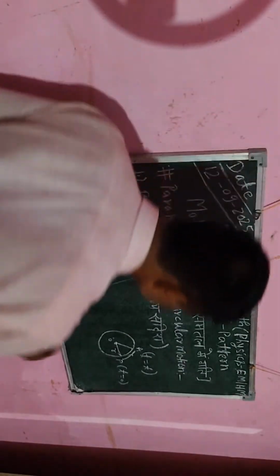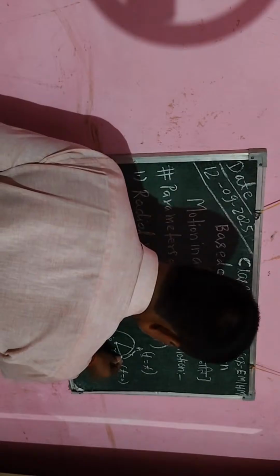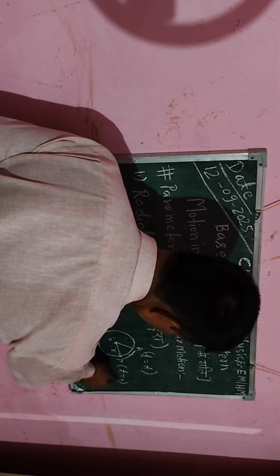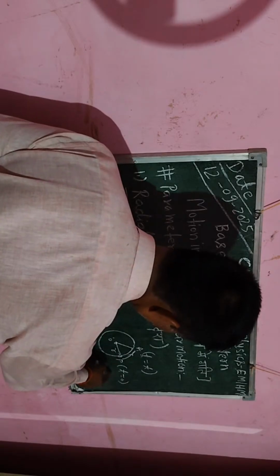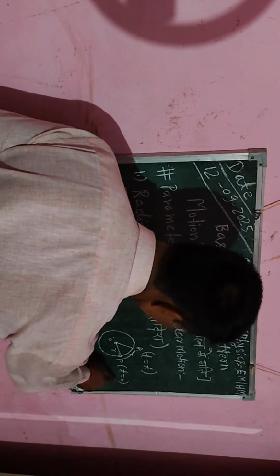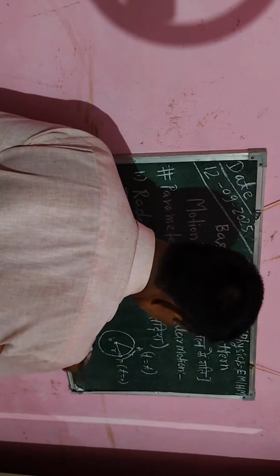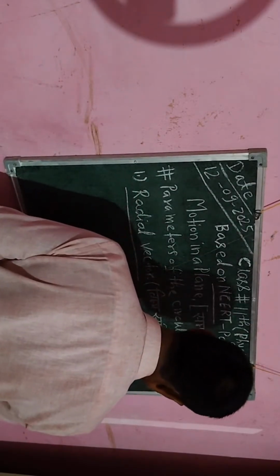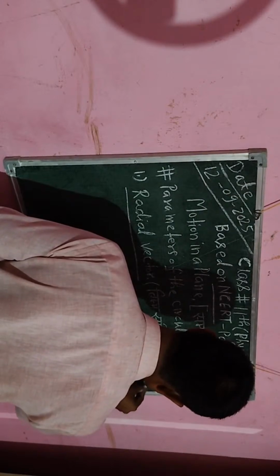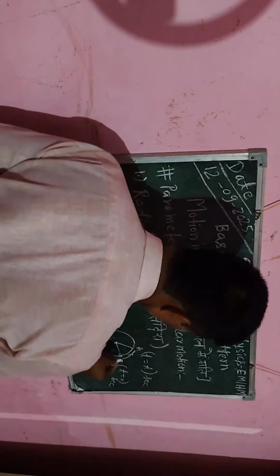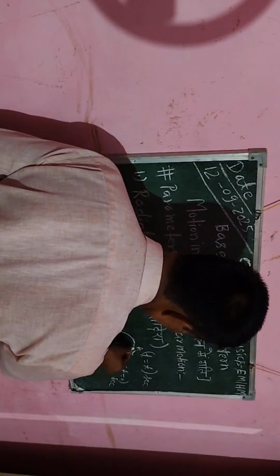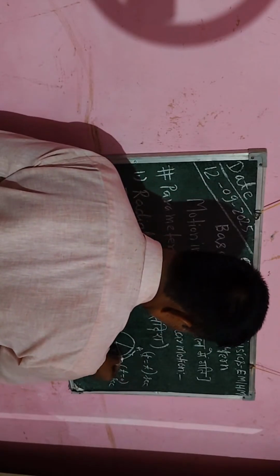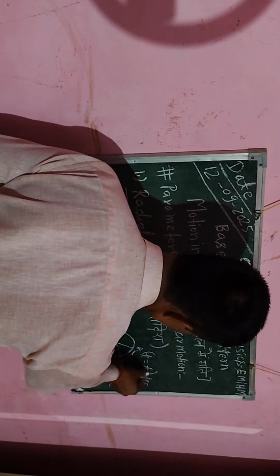So any particle which is leaving at the point P and that is moving, starting from t is equal to 0 second, and after moving it is coming at the point A. So its time taken by the particle is t.